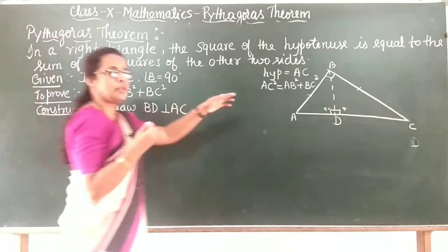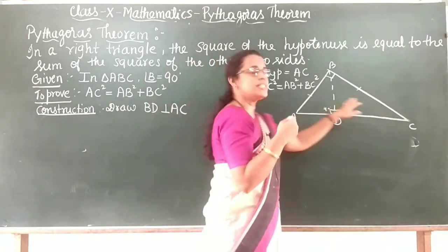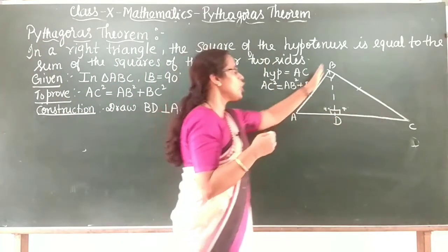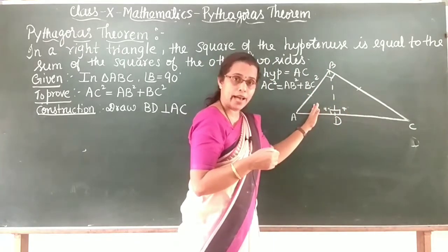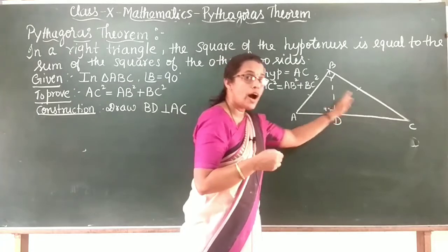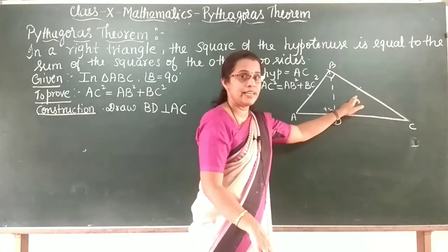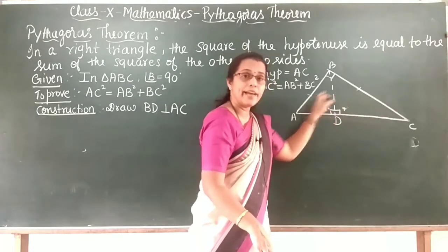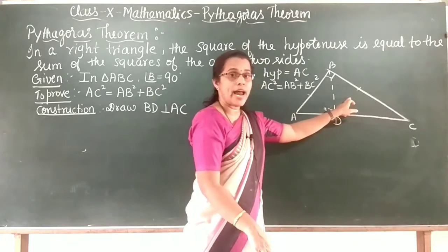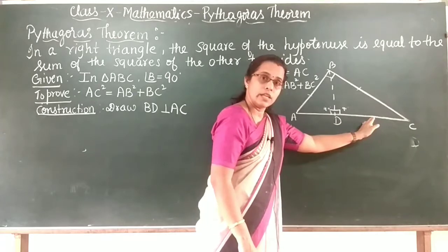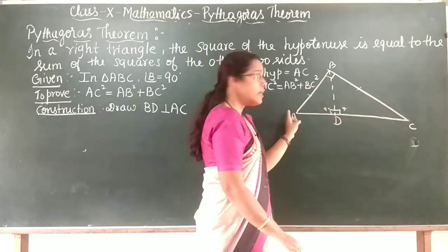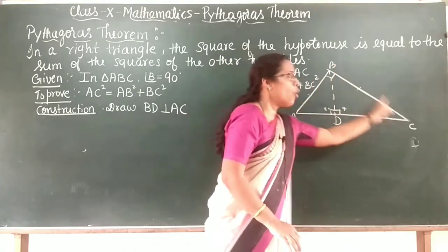Okay, when I draw the perpendicular, as you already saw in the previous theorem, when you draw any perpendicular, how many triangles form? Two triangles. Both are right angle triangles, children. Right, no, children? You already know that when a perpendicular is drawn to the hypotenuse, then the triangles formed are similar to the whole triangle.